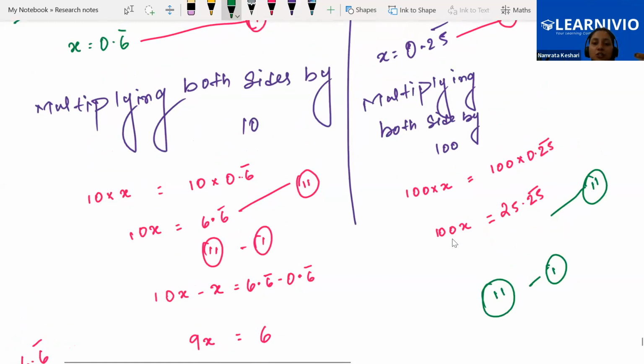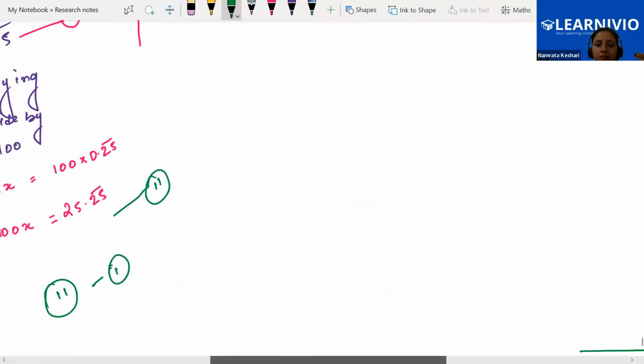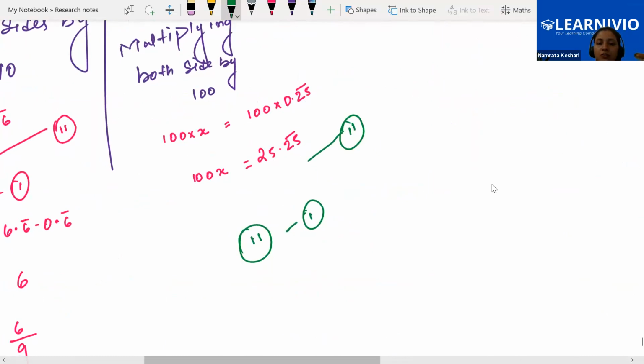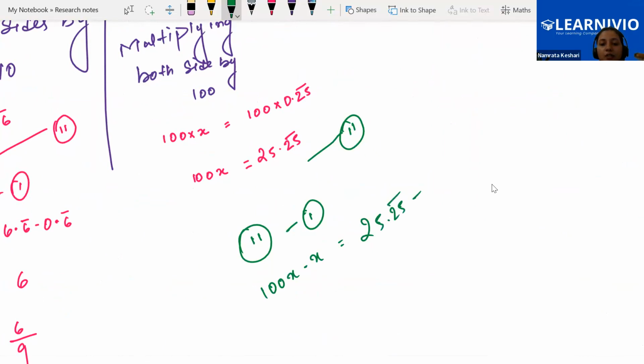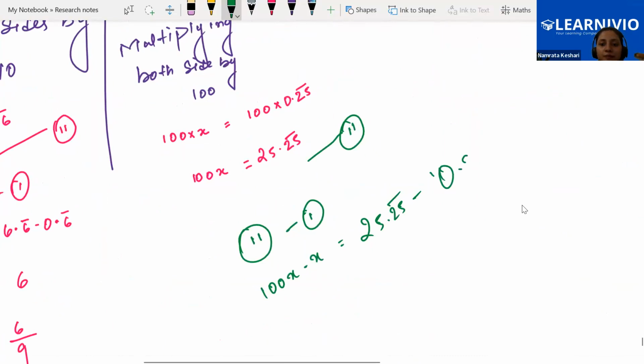Equation 2 minus equation 1, when you do, you will be having 100x minus x on this side, and here you will have 25.25 bar minus 0.25 bar. That will give you 99x is equal to, can you tell me what will be there on the right side?